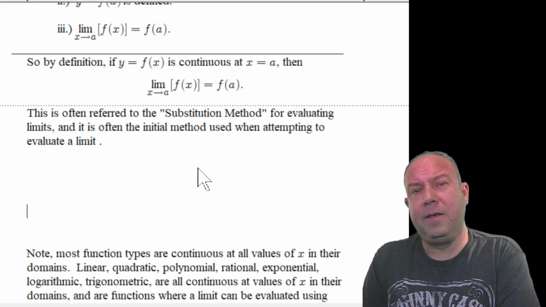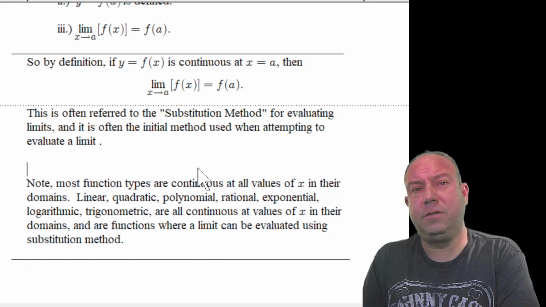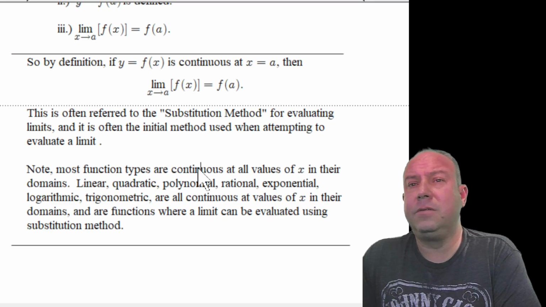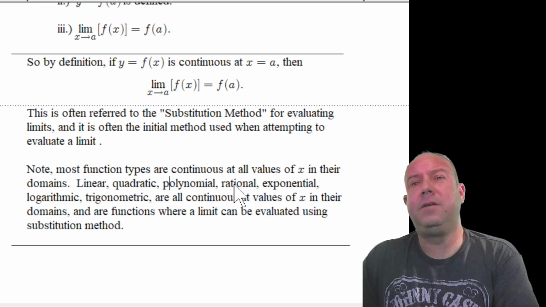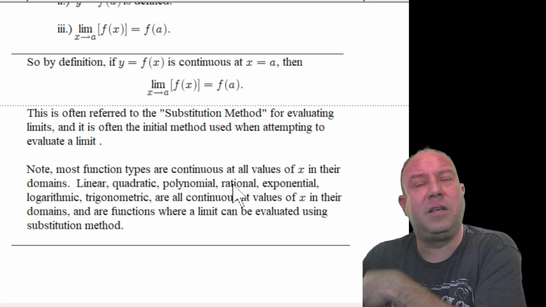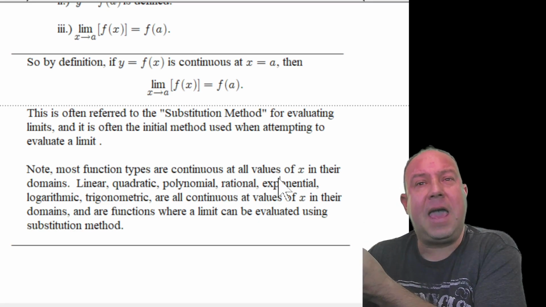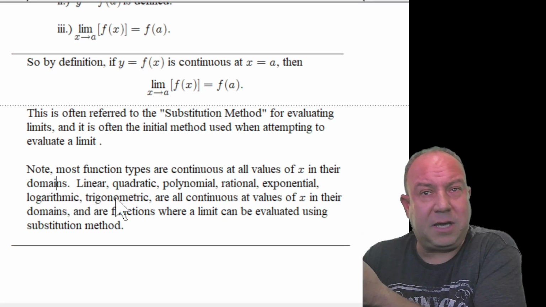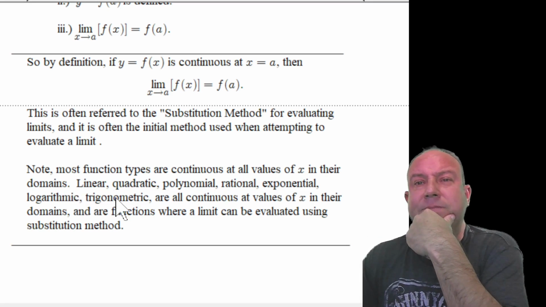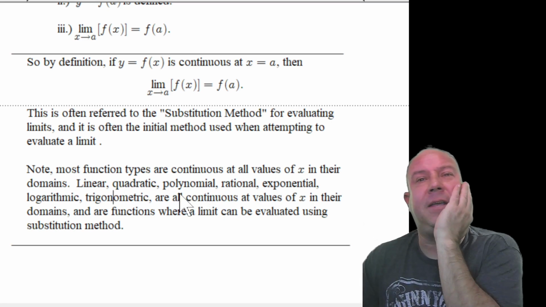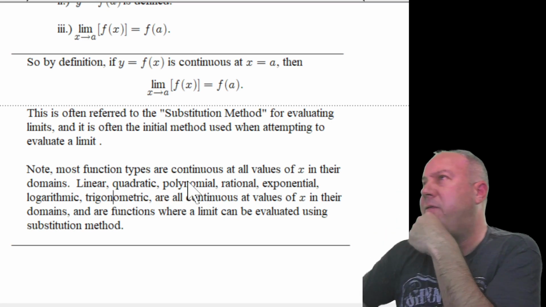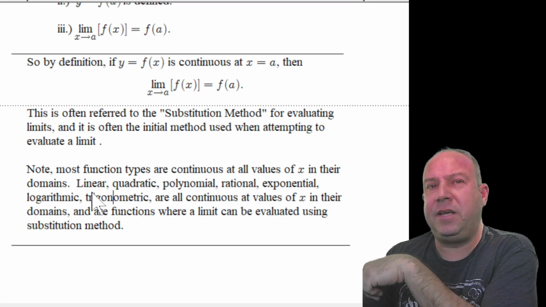Now this is true for linear, quadratic, polynomial, rational, as long as it's in the domain, exponential, logarithmic, and trigonometric functions, which are all continuous at all values of x in their domain. And several of those have domains from negative to positive infinity.